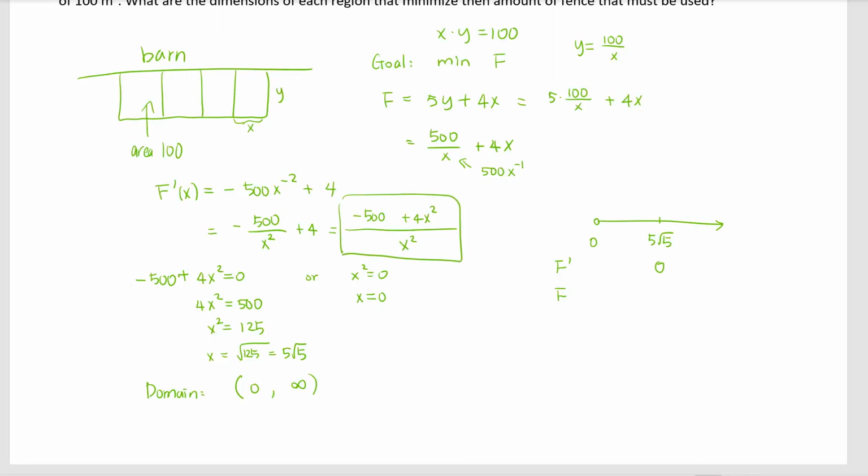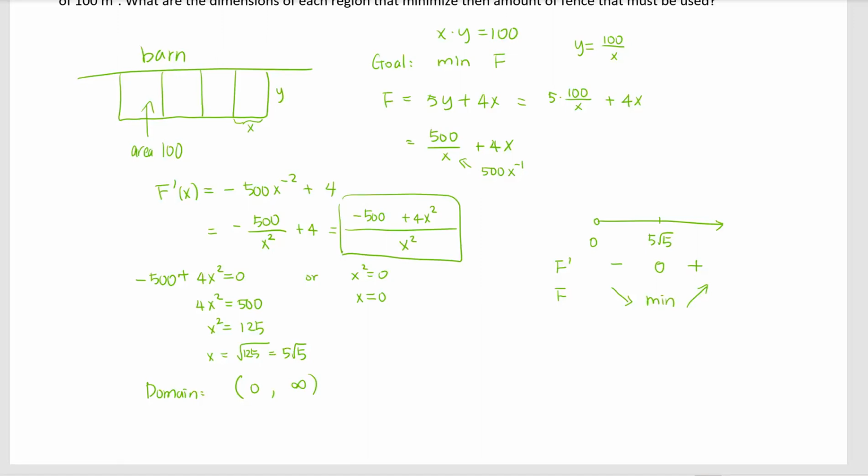Minus 500 plus 4 is negative, and the bottom is always positive, so the answer is negative. Pick x to be a very big number, then 4x squared minus 500 is positive, and the denominator is always positive. So f prime negative means f is going down, f prime positive means f is going up. So this is actually a minimum.